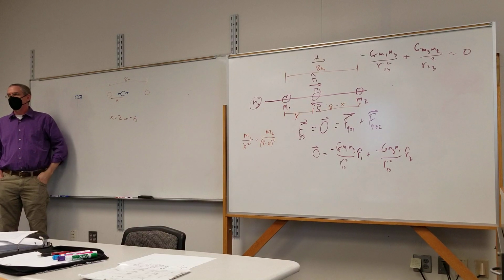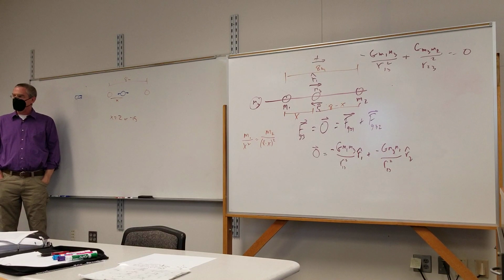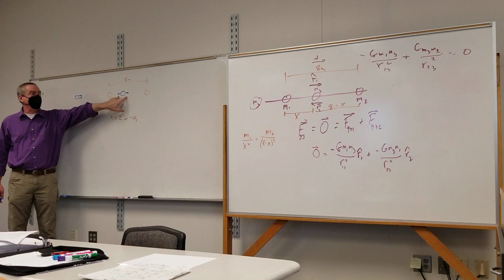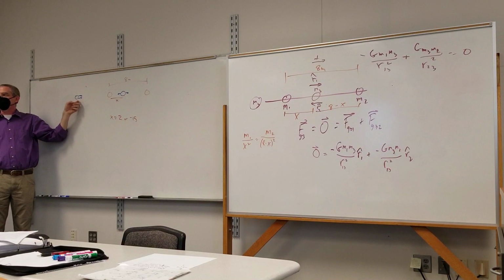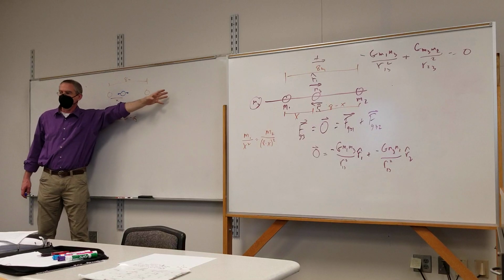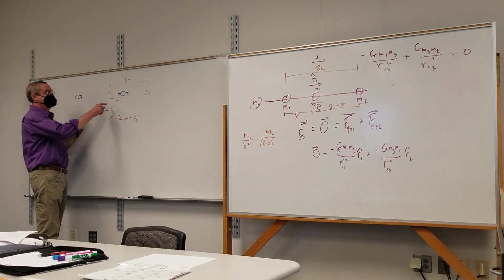If the masses are different sizes, 1 and 2, would that position of negative 15 be where they are having the same amount of pull? Yes. Here, the pulls have the same magnitude but opposite direction. Here, they have the same pull and the same direction. Or if you got an answer of x equal to something bigger than 8, the same thing, it's just a matter of which one's bigger or smaller.